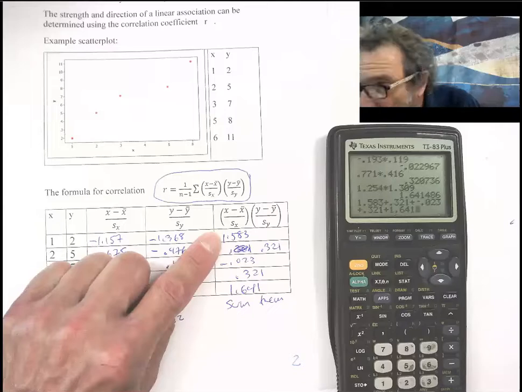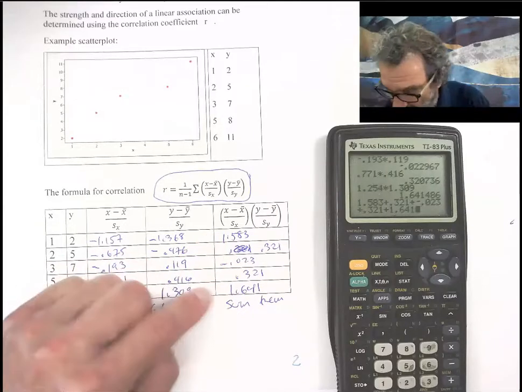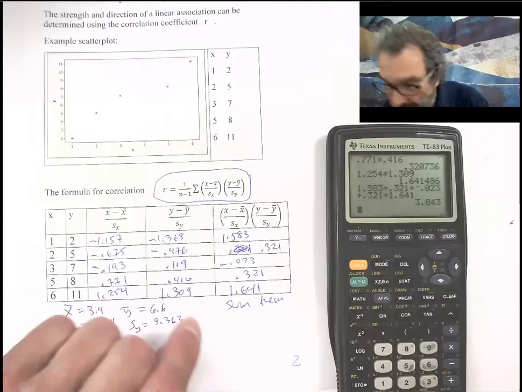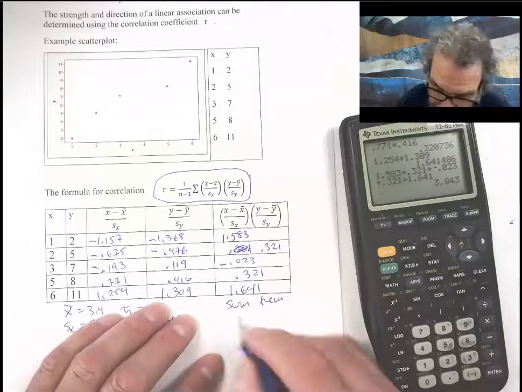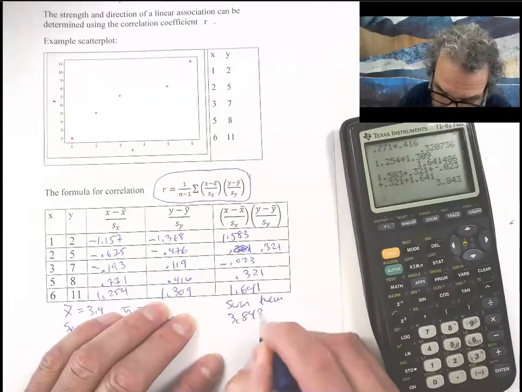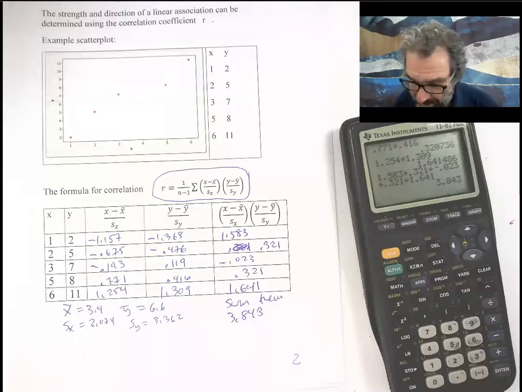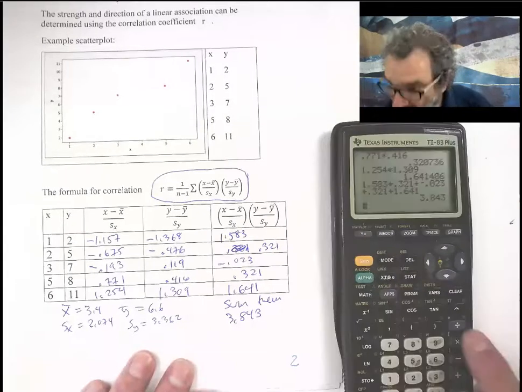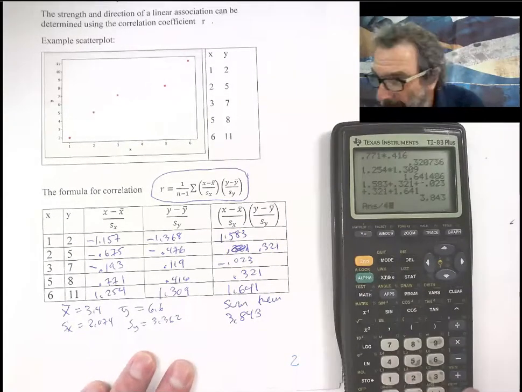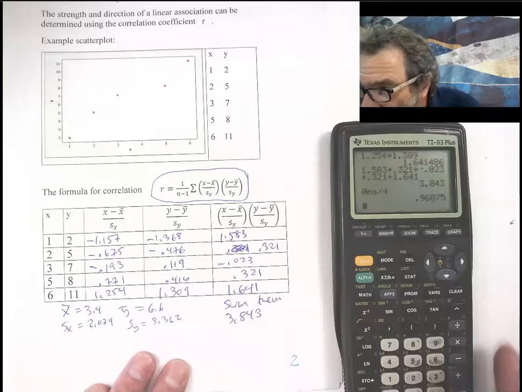Double check those numbers again. Okay, go. So we'll get 3.843. And then we said we're going to divide by, the number of points is 5. So then we take that and divide it by 4. 0.961.